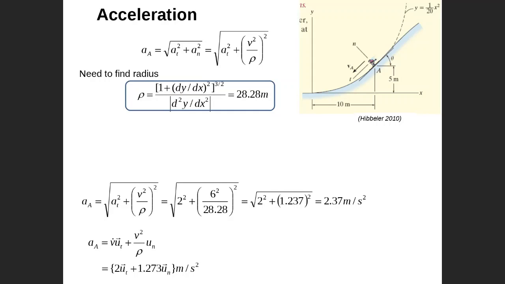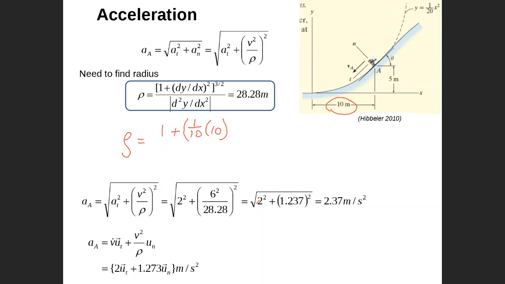I substitute this result in my equation of the radius, and that would be rho equal to 1 plus what was our first x derivative? It was 1 divided by 10 multiplied by 10. X is equal to 10.